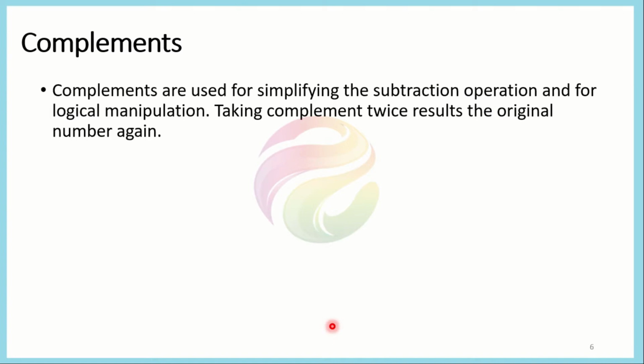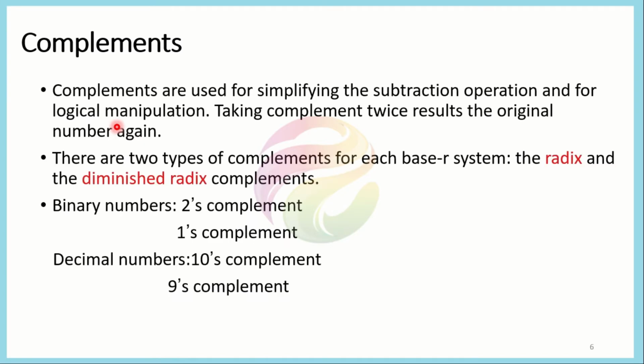Complements are used for simplifying the subtraction operation and for logical manipulation. Suppose we have a number and we take its complement. If we take its complement twice, that will result in the original number again. Generally, there are two types of complements that are considered.